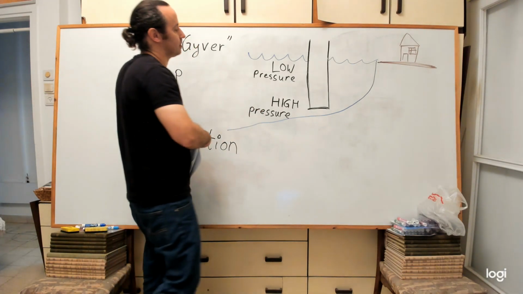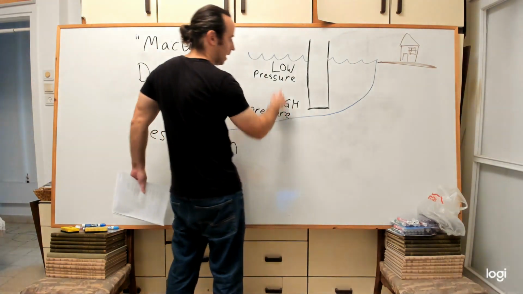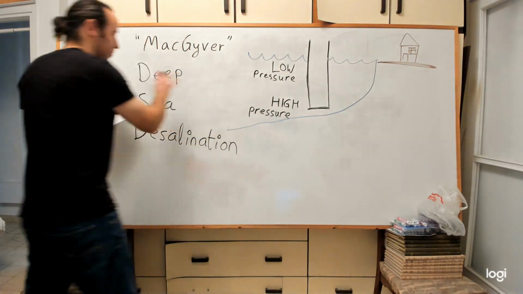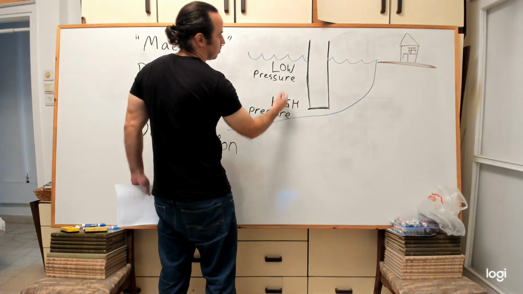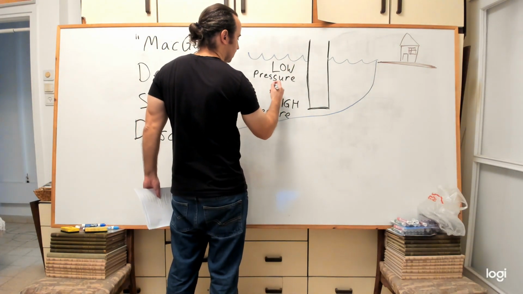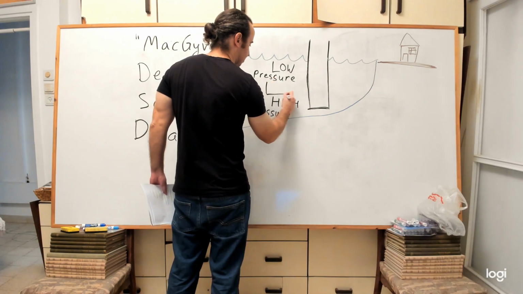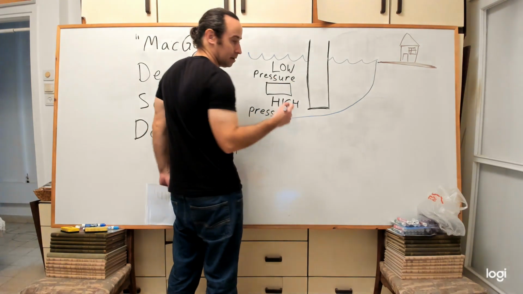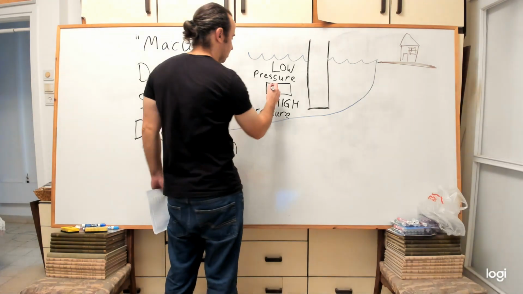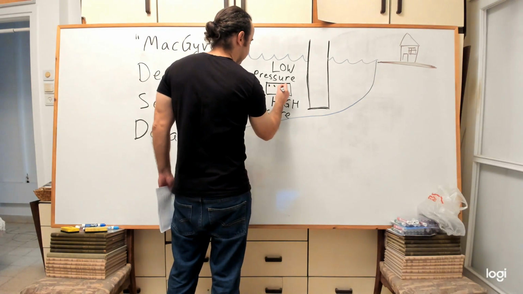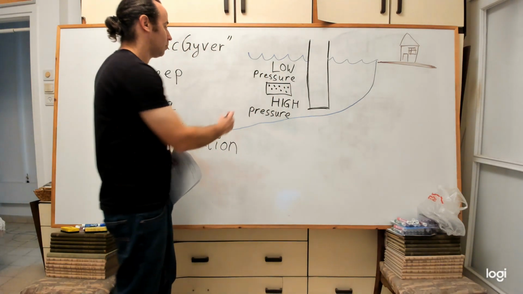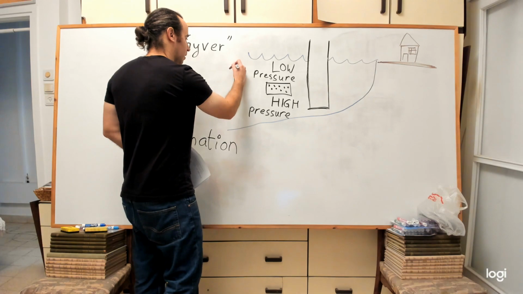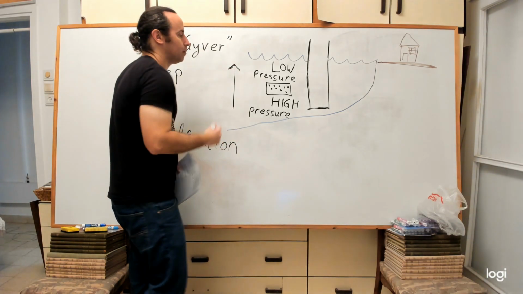If we put the sieve in here, between the high and the low pressure, and push the water from the high pressure to the low pressure through a sieve here, it's not correct. I'm just trying to tell you why it's not correct. If we add small holes, a membrane, and we push this from high to low, will this work?